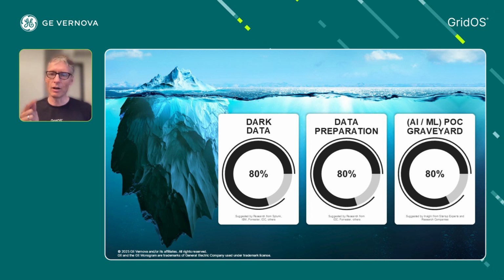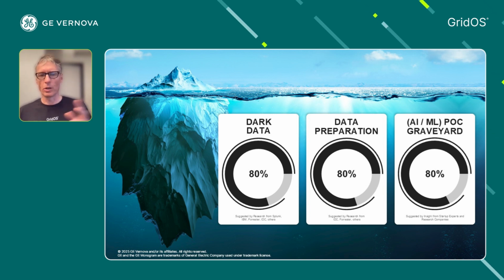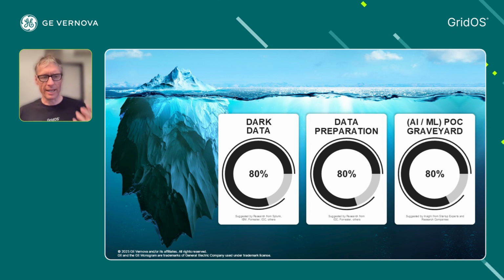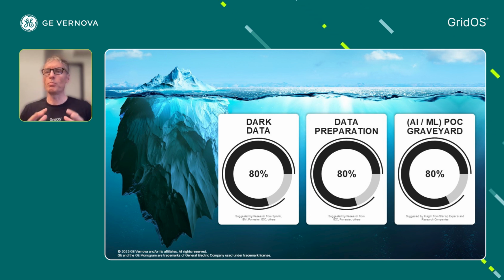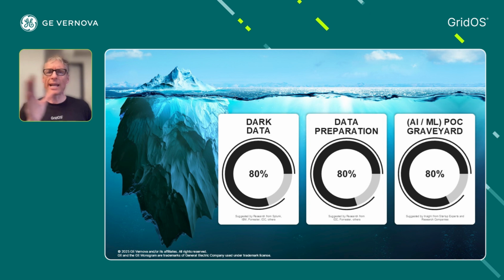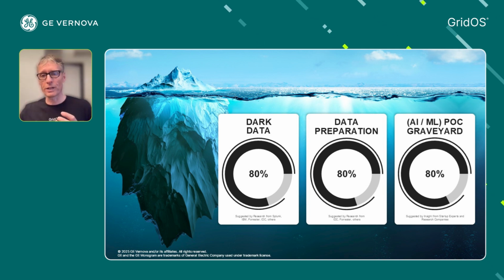And the last of my 80%, that is the dark data. And dark data, for those of you that don't know what I mean, is data you have as a utility somewhere, but you are not able to use. Data that might be hidden in a silo, data that might be collected in your smart meters, but never transmitted from the smart meters to your software solution.